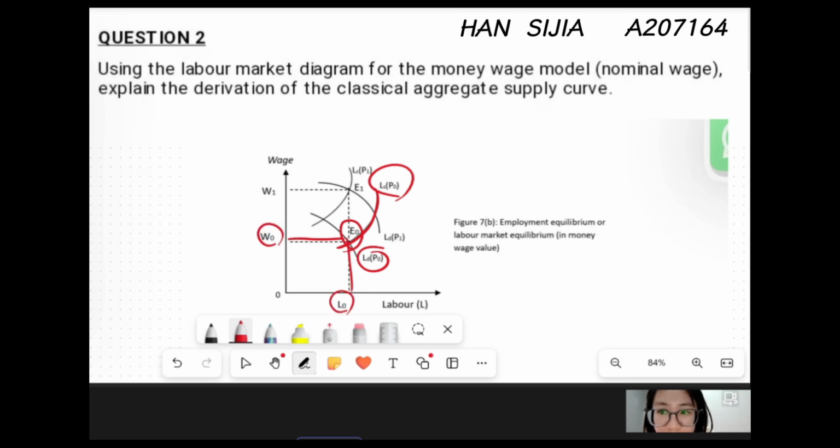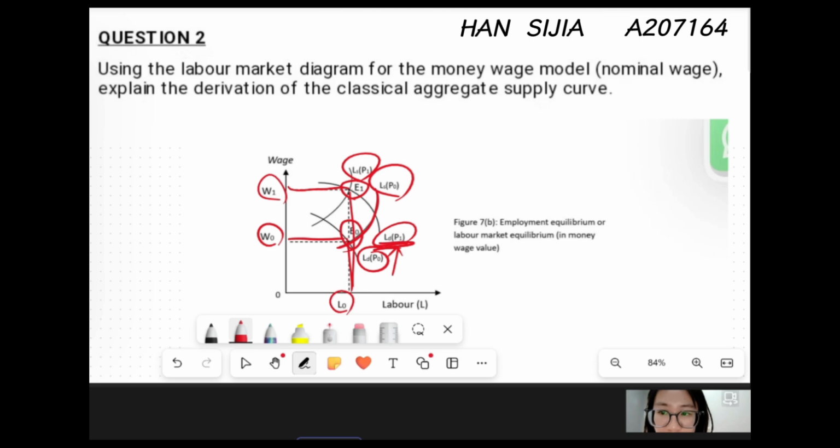If the price level rises to P1, the labor demand curve shifts right to LDP1, and the labor supply curve also shifts upward to LSP1. Due to the price change, the money wage at the new equilibrium at point E1 rises to W1, but the employment level still remains at L0.